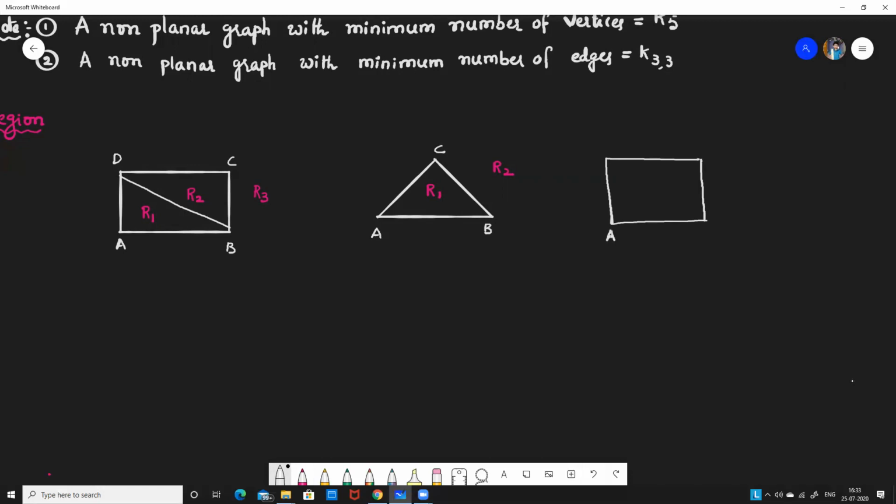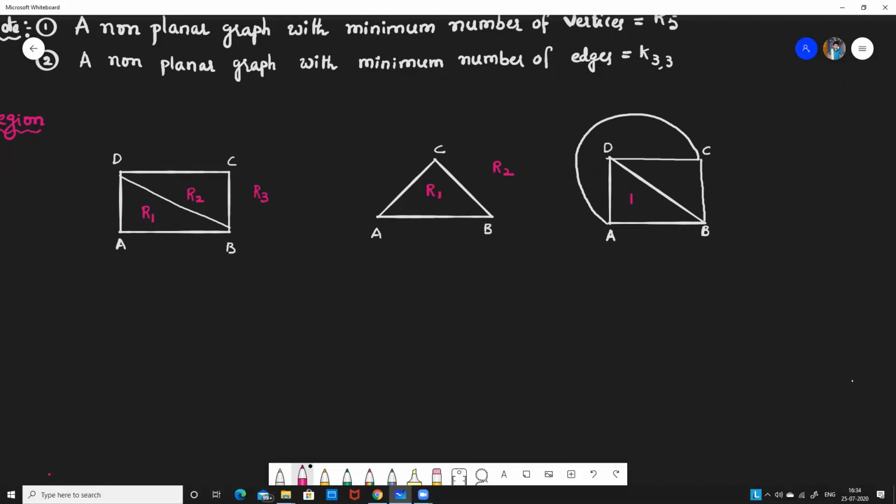Let me call the vertices ABCD. And I'm taking one diagonal edge. So one more edge we can draw from A to C, right? Now, how many regions do we have now?